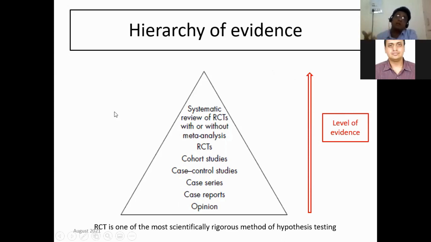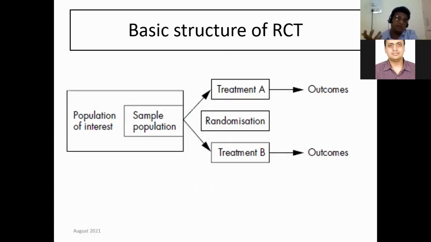So let us now start understanding what we mean by a randomized control trial. The basic structure of a randomized control trial is that you have a population of interest. From that population of interest, you choose a sample population. That means you apply inclusion criteria and exclusion criteria, and you choose a sample population.